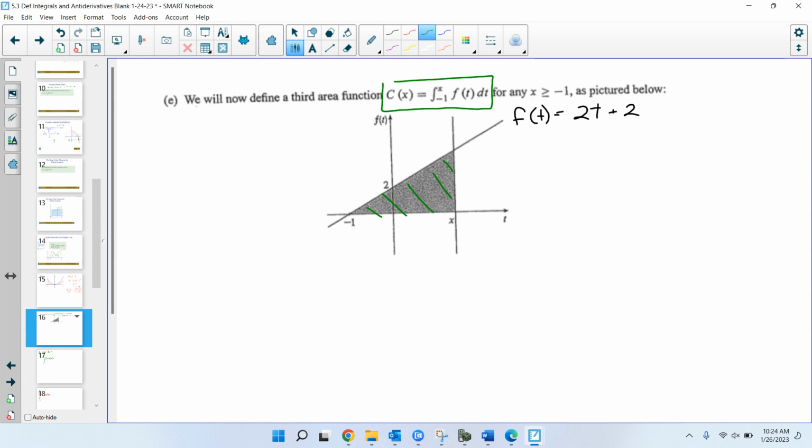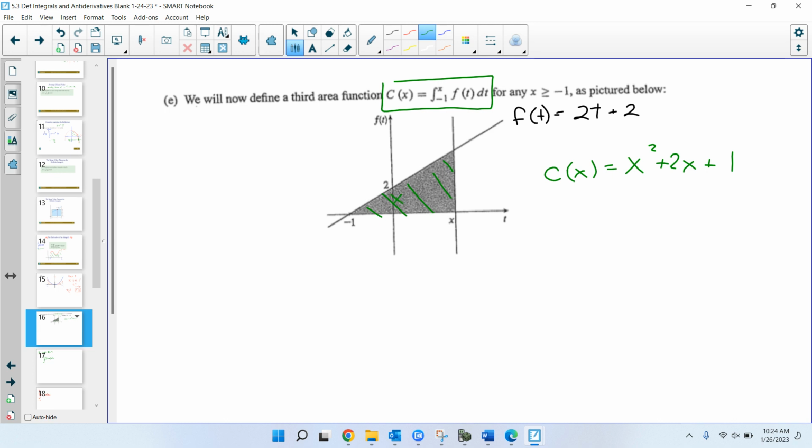Yeah. What is that? What did we get for that? F of x was x squared plus 2x plus c. Yeah, and here it was what? Plus 1.